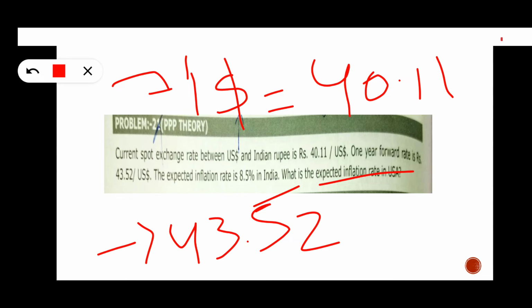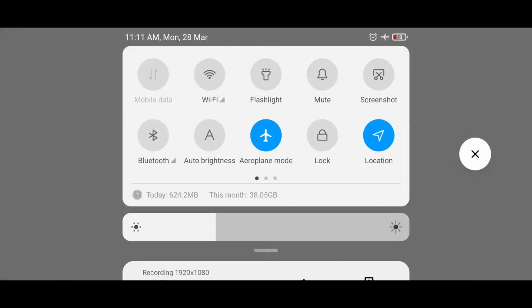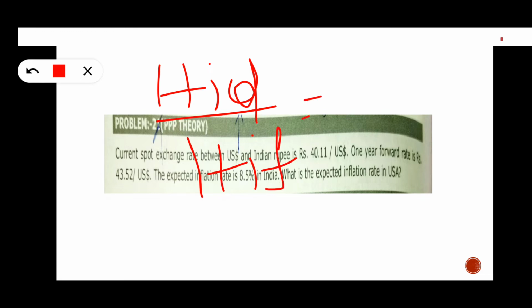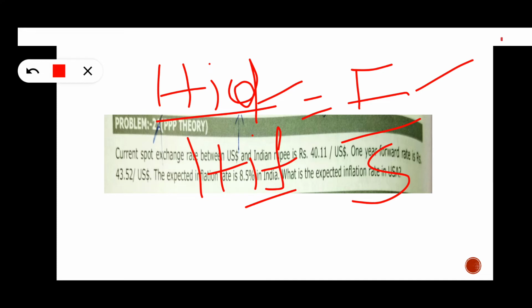And the domestic rate is 8.5%. So we know the formula: (1 plus ID) divided by (1 plus IF) equal to F by S. Here ID is 8.5% and IF we have to calculate, and F is 43.52 and S is 40.11. Just substitute in the formula.